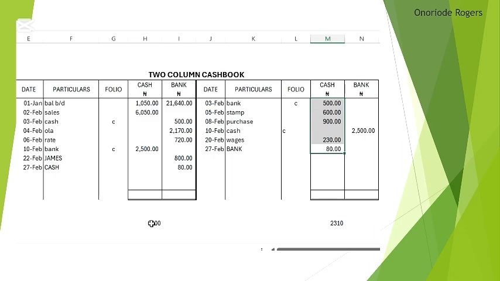Which one is higher? This one is higher, so we pick this one and put it inside the box, 9,600. Same here again, 9,600. So now let's get the difference. Let's add the balancing figure, which will be here: balance carried down.